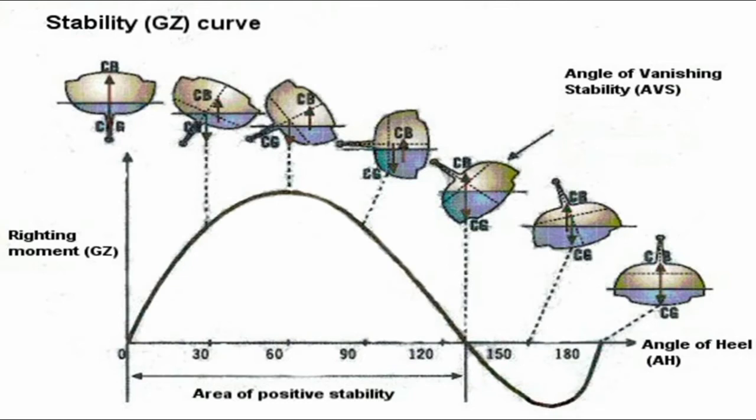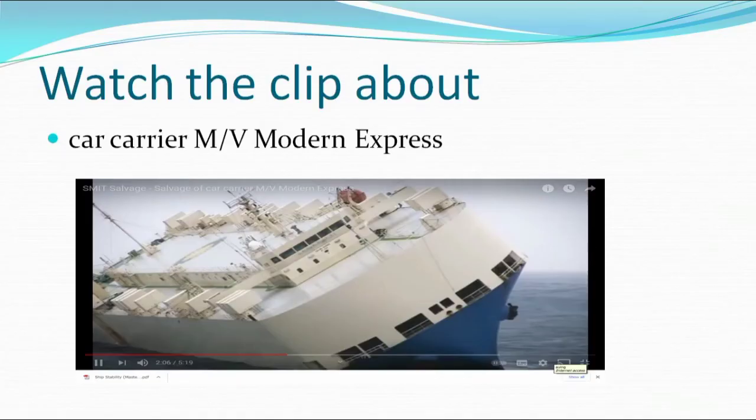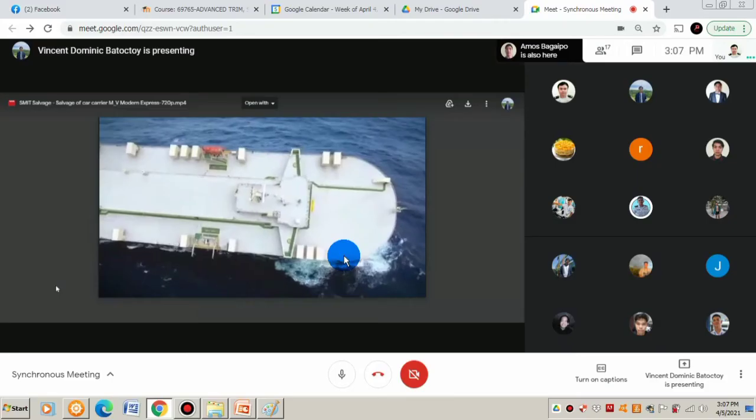Next week we will discuss the rolling period, so it will be a continuation of our discussion, because we are going to consider GM and GZ when we say the ship's rolling period. So that's why we also need to consider the windage, even if we have only a small amount of wind waves.